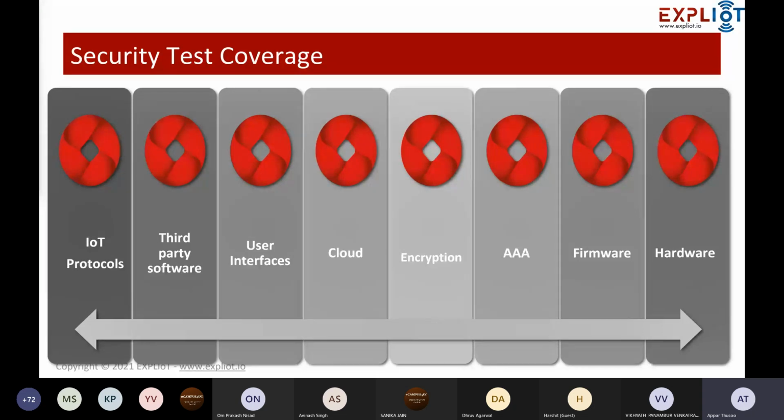You have your cloud, your encryption, then authentication, authorization, and auditing or logging, basically AAA. Then you have your firmware and hardware. So the test coverage is very wide, and while we perform security assessments as part of our research or projects on devices, a lot of elements have to be probed, and likewise is the case with the attackers as well.